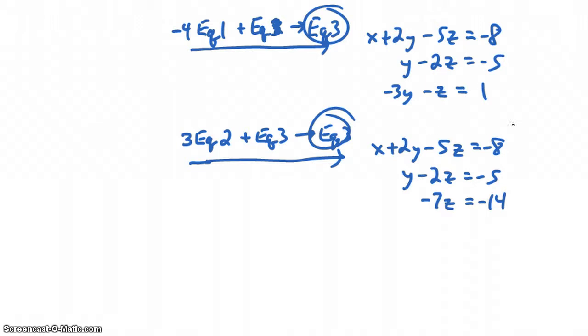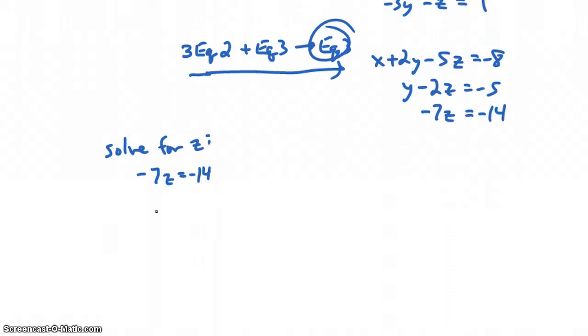Notice we have a system of equations now just in the form that we want. So now we can use back substitution. We got rid of the x's here and the x's and y's here. If we want to solve for z, we have -7z equal to -14. If you divide both sides by -7, you'll see that z is 2.